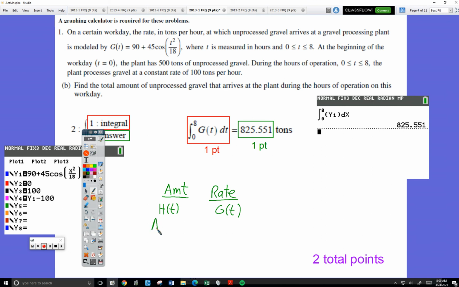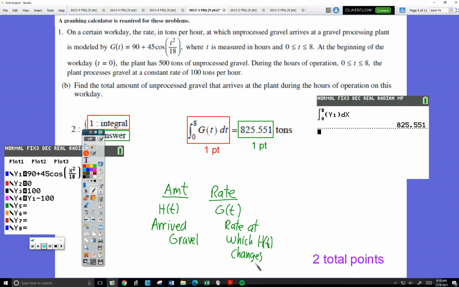So this is the arrived gravel, which is not proper English, but whatever. This is the rate at which gravel is arriving. It's the rate at which H changes, the amount of arrived gravel.